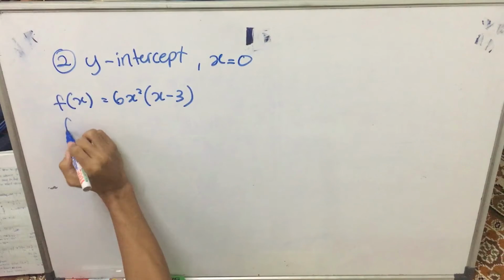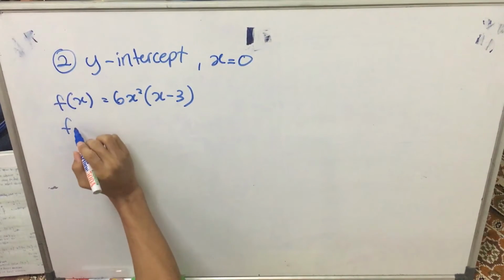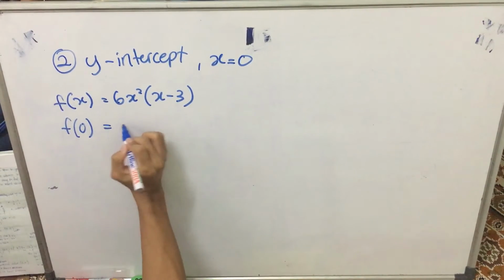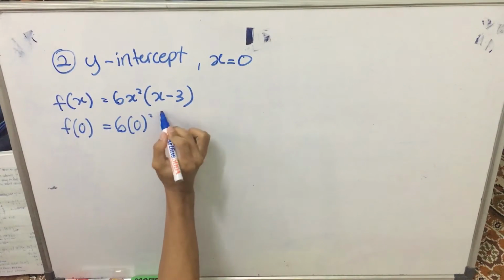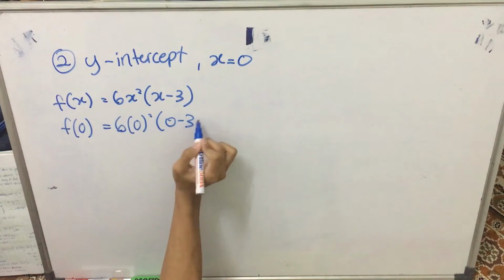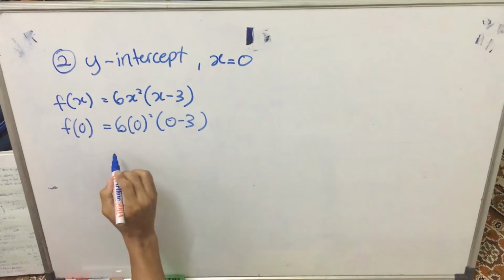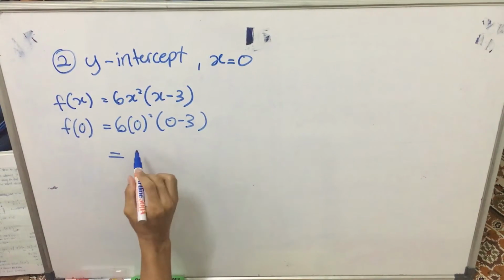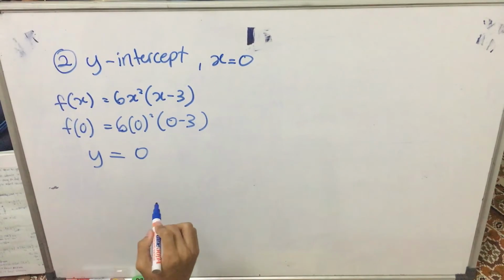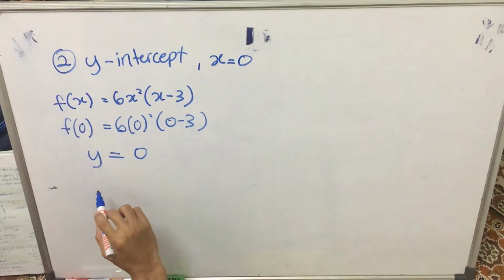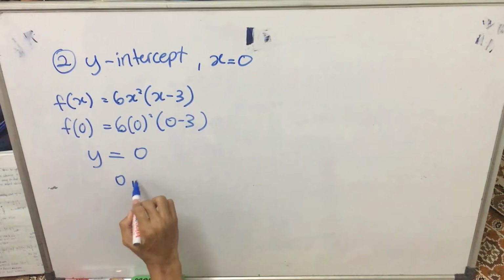We just substitute the 0 into the function, and we get 0. So the point for the y-intercept will be 0, 0.